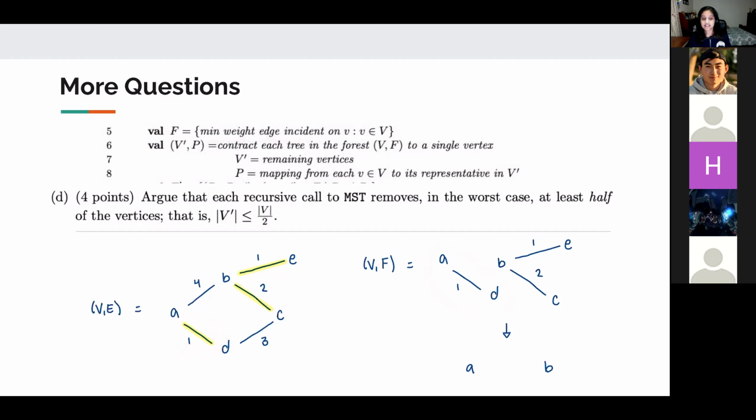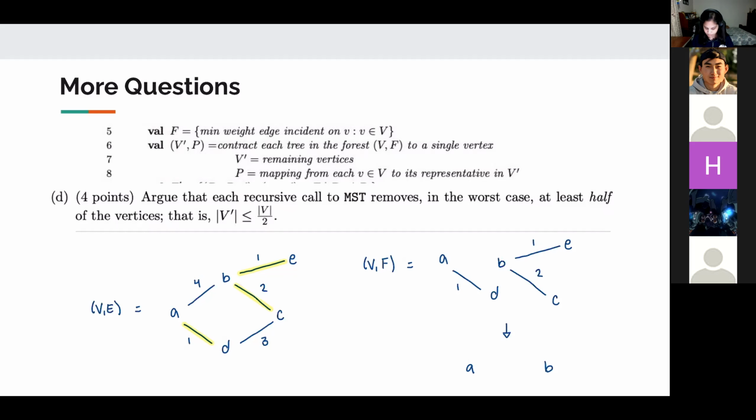So therefore each tree is going to have at least 2 vertices. And then each tree becomes one vertex, right? Because we're going to contract until there is a single vertex for each tree. Therefore, you remove at least half the vertices.